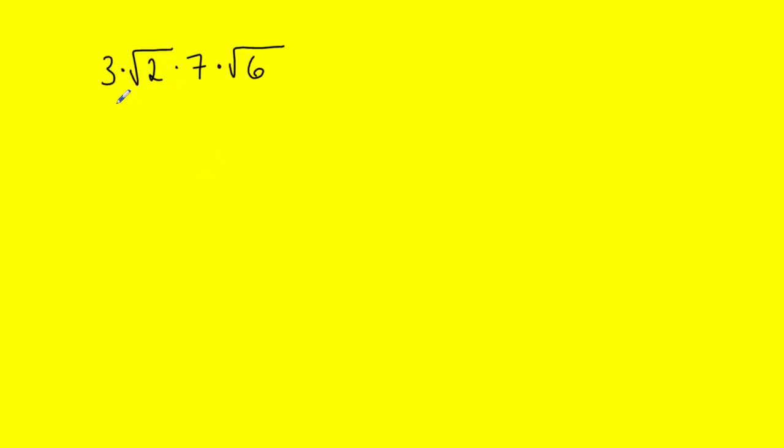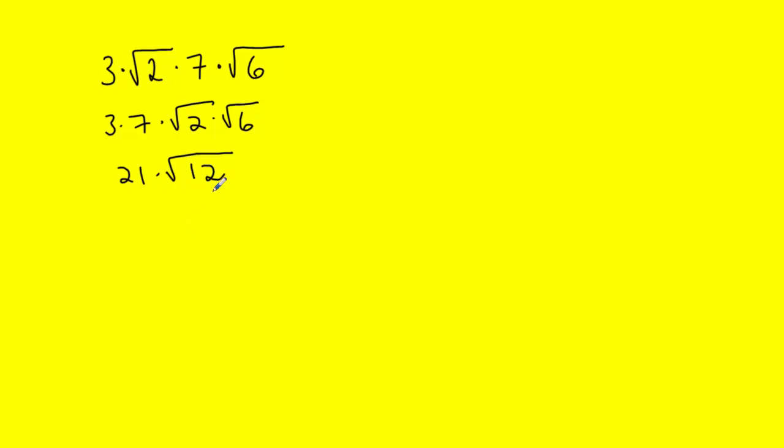Now I'm going to rearrange this. So I'm going to do 3 times 7 times the square root of 2 times the square root of 6. Then I get here 21 times the square root of, I can combine these together and I get 12.